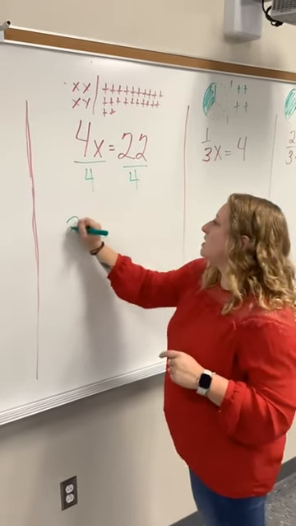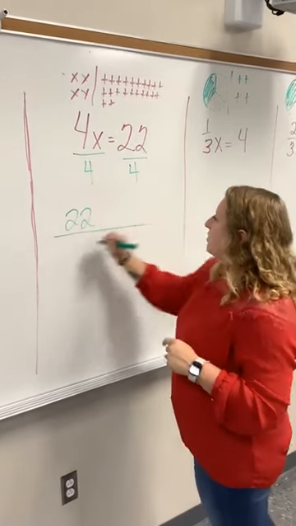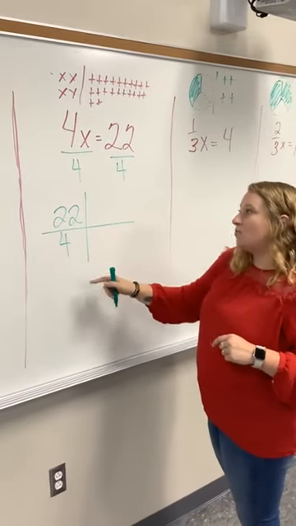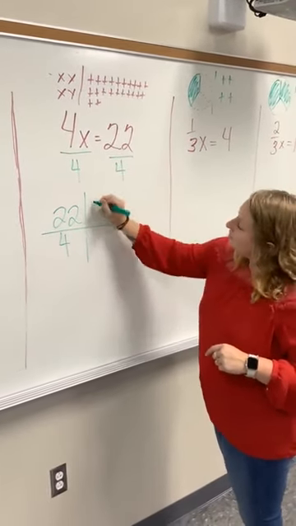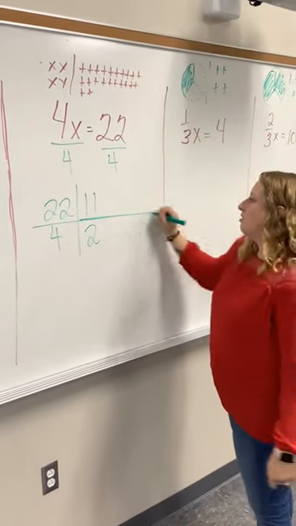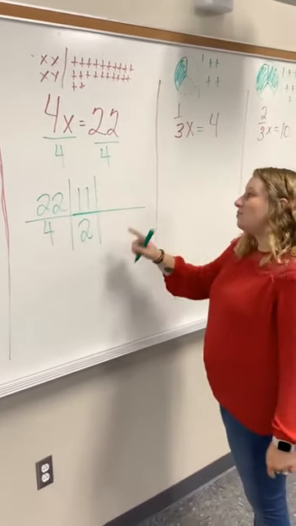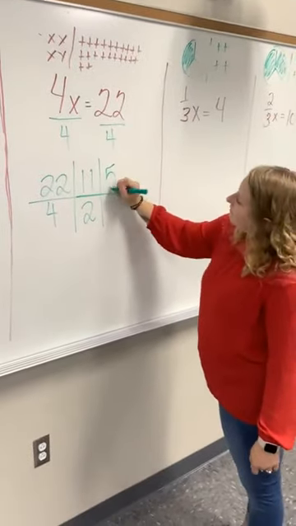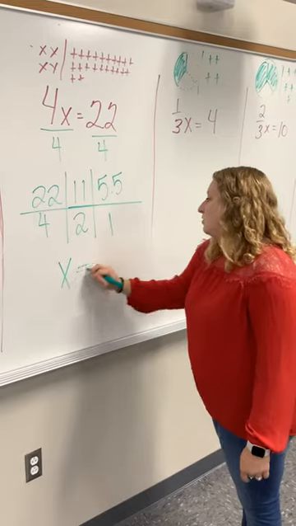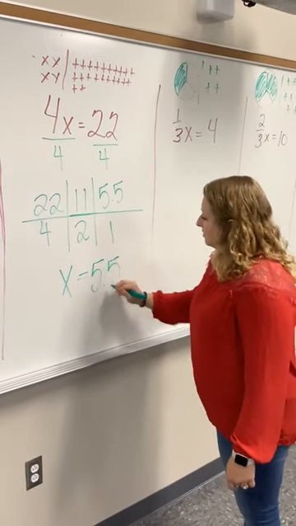So again, 22 divided by 4, they are both even, so I see I can simplify this expression by 2 to get 11 divided by 2, which I can divide by 2 again, and I get 5 5/10 over 1. So my value of x is equal to 5 5/10.